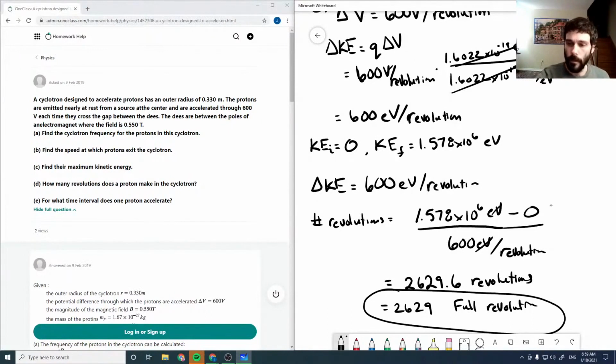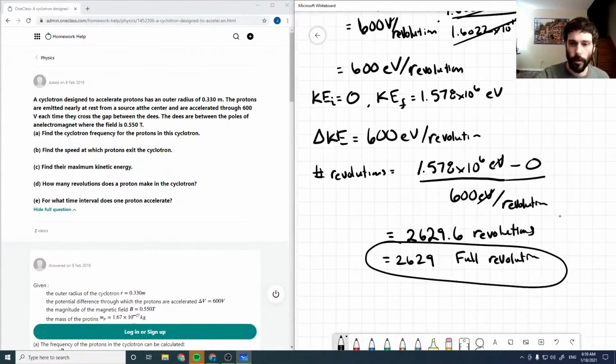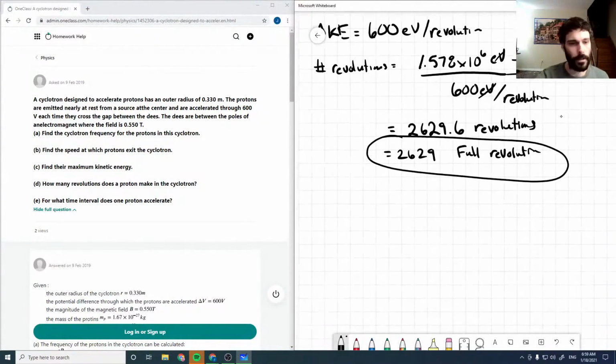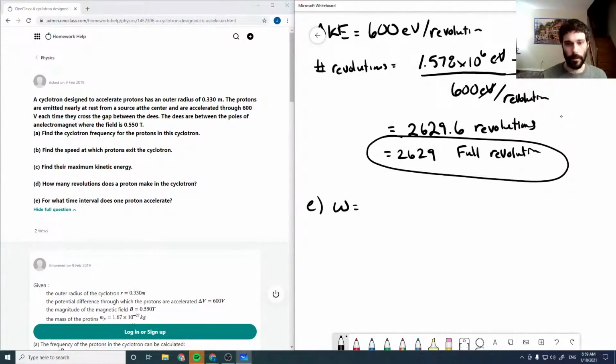Okay. And now, for what full time interval does a proton accelerate? So our omega is 52.684 times 10 to the 6 rad per second. Again, rad isn't a real unit, but it sometimes helps to differentiate.